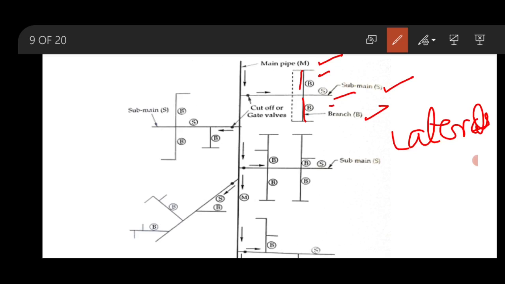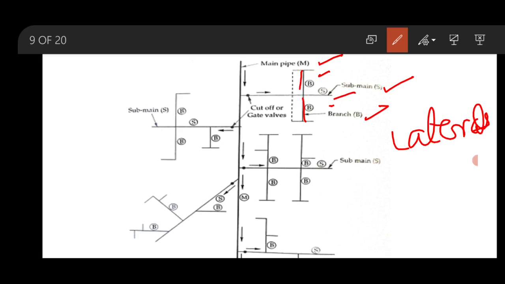Okay. So this type of layout is adopted for older towns which have developed in a haphazard manner. The water supply mains have to be taken along the main roads and branches then taken off wherever needed.